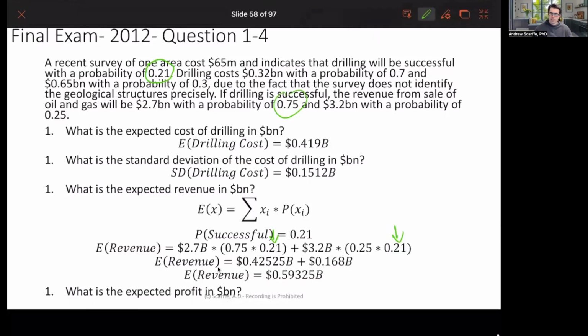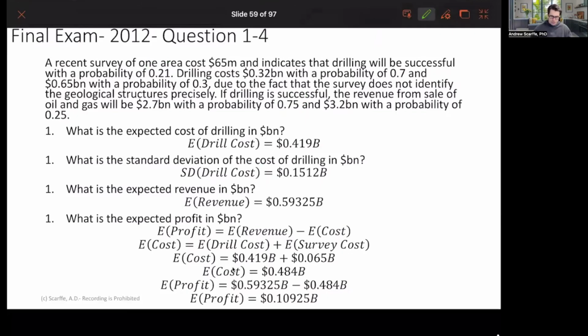And then finally, what is the expected profit in billions of dollars? Well, the next trick in this question is actually that as business students, we know that profit is revenue minus cost. And yes, you did calculate the expected drill cost up here in question A, but what this did not include was the cost of surveying that was given to us in our question. And we have to account for that in our profit. So really we have to calculate then an expected cost, which is just the drill cost plus the survey cost.